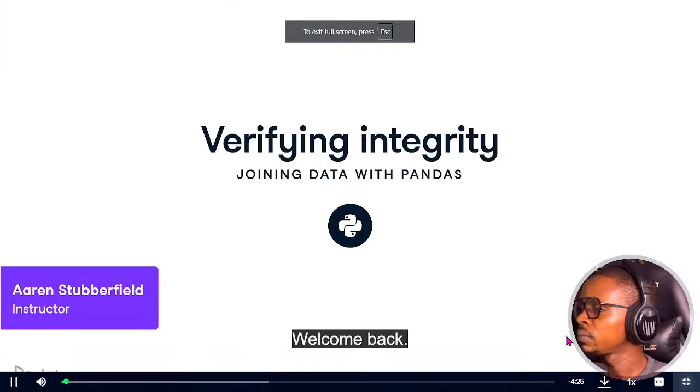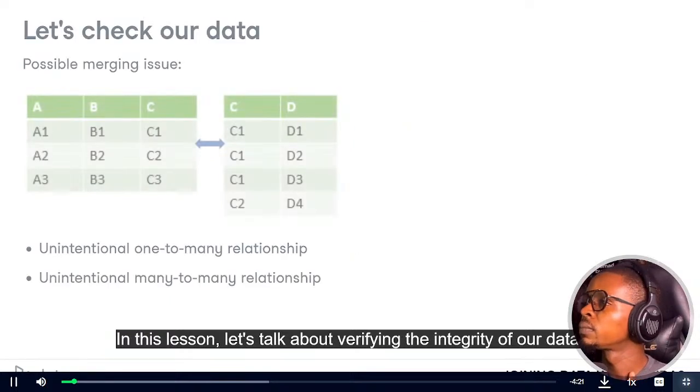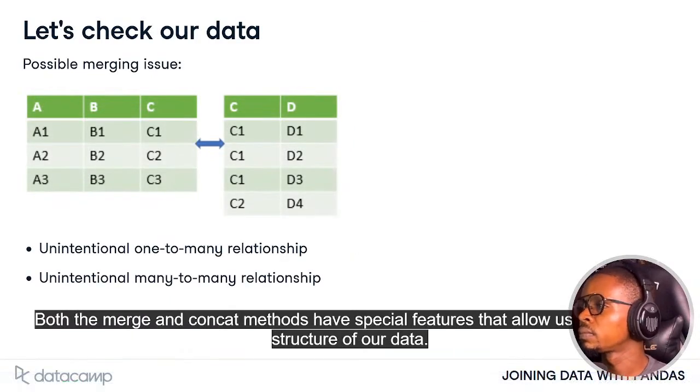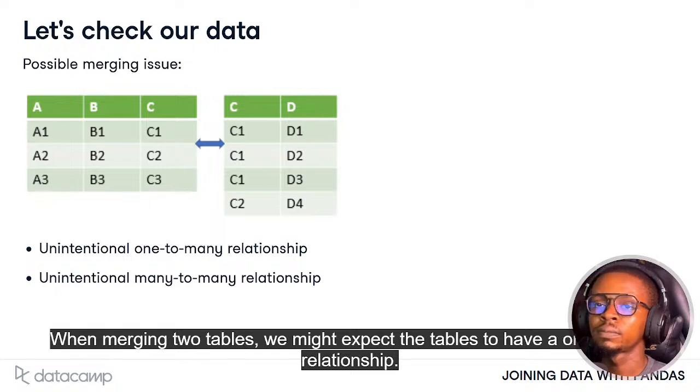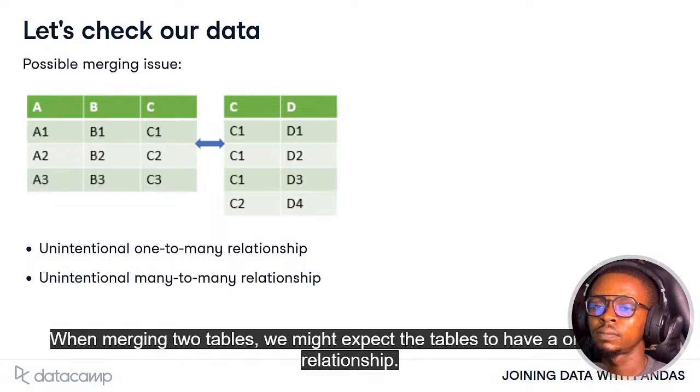Welcome back. In this lesson, we'll talk about verifying the integrity of our data. Both the merge and concat methods have special features that allow us to verify the structure of our data. When merging two tables, we might expect a one-to-one relationship.